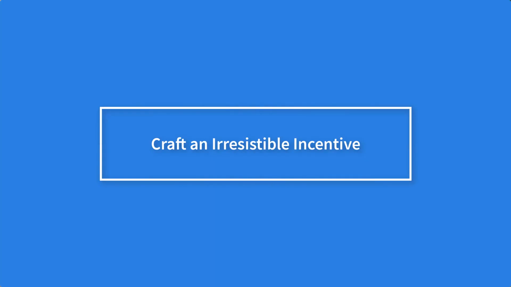Next, you need to craft an irresistible incentive. To turn readers into subscribers, you need to have some type of incentive. This is oftentimes called a lead magnet, and this is where your readers would exchange their email address for some kind of free incentive.